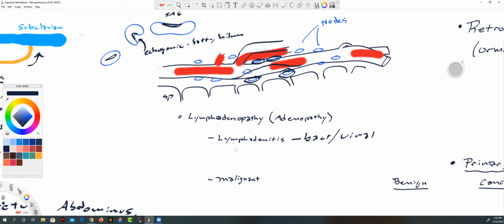Lymphadenitis, they will increase in size, but they will generally maintain a hilum. In other words, that fatty hilum, these guys get bigger, but you can still see the hilum with lymphadenitis, so bacterial and viral infections.